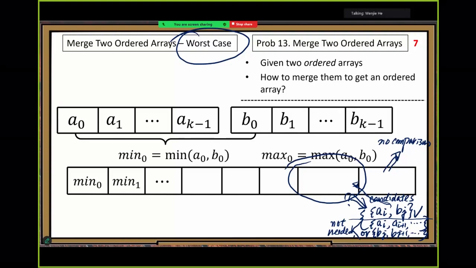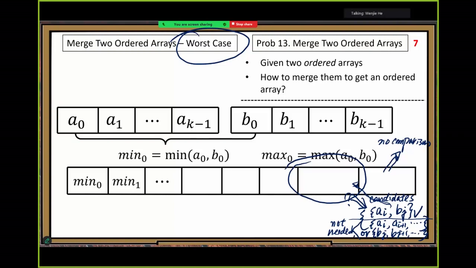Or if all the remaining data is in the B subarray, you don't need any comparison either. You just put them right in place. But in this case, you don't know which one is larger, so you need one more comparison. So the worst case should correspond to this situation. You need your final comparison here.